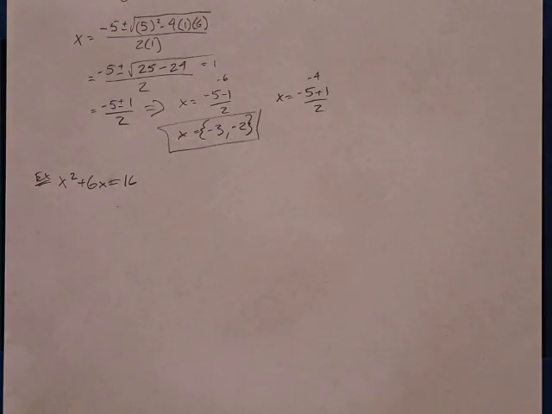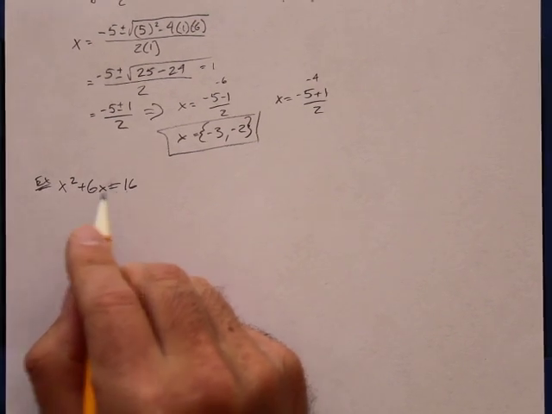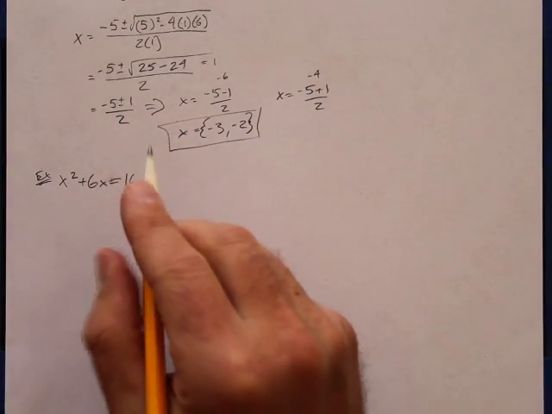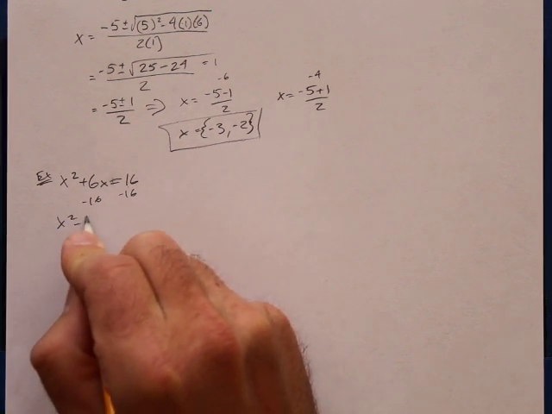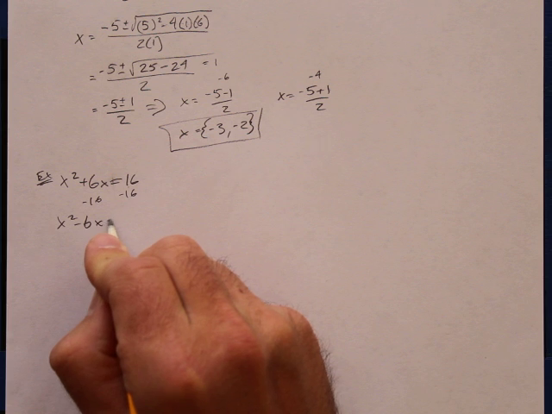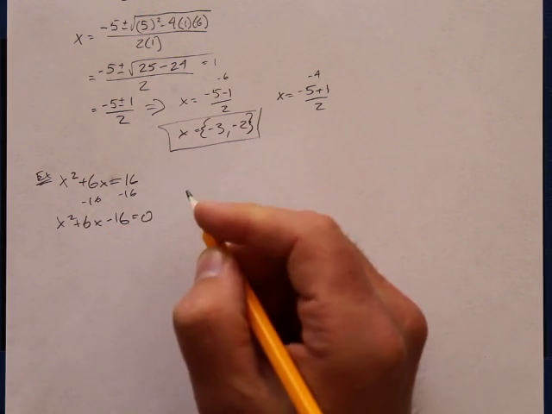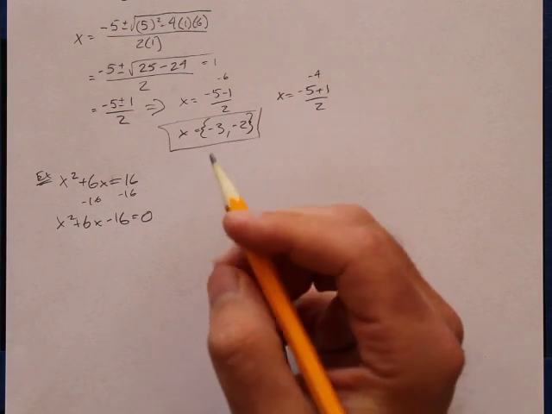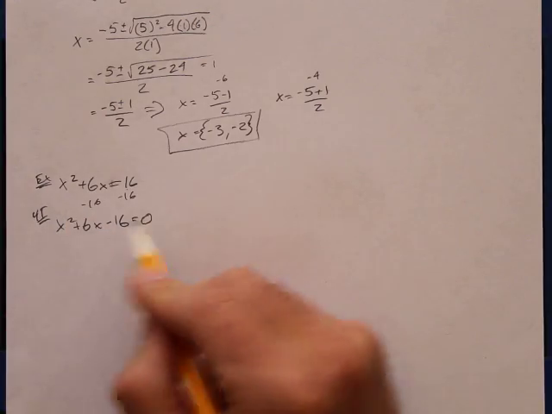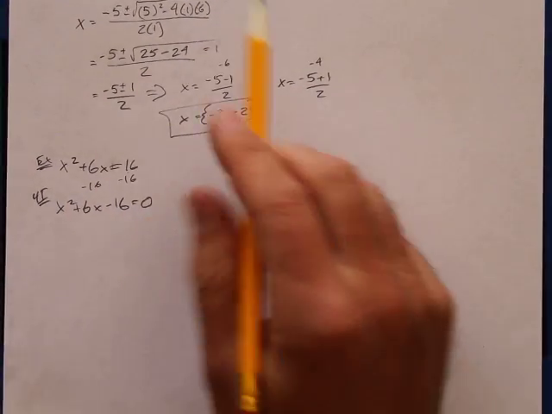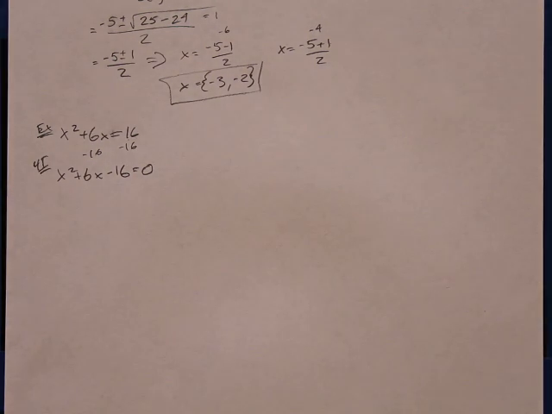All right, so I need to subtract 16 from both sides so that I can get my correct c value. X squared plus 6x minus 16 equals 0. All right, now from this point on, I want you to do the rest of this using the quadratic formula. Go ahead and pause and go.